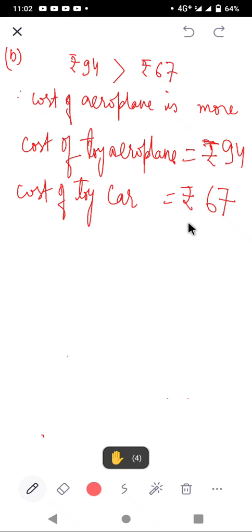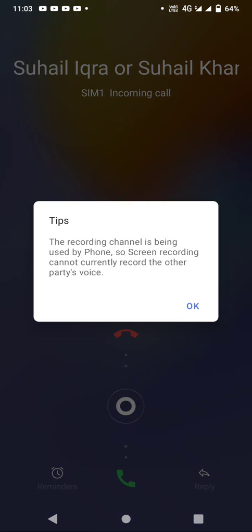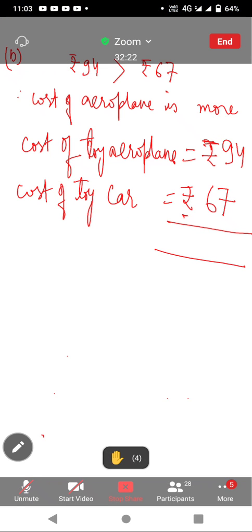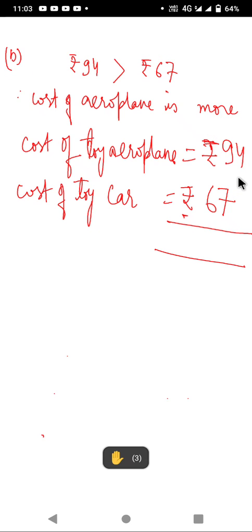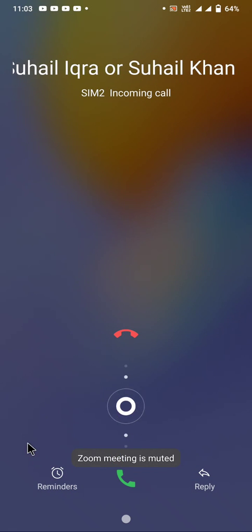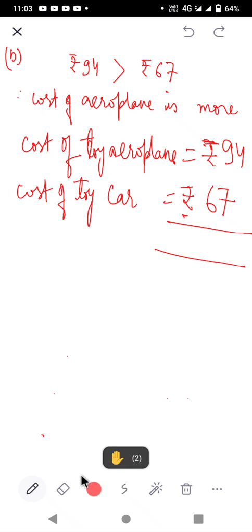So we will subtract 67 from 94. Students, we can't subtract 7 from 4 because 7 is greater than 4.